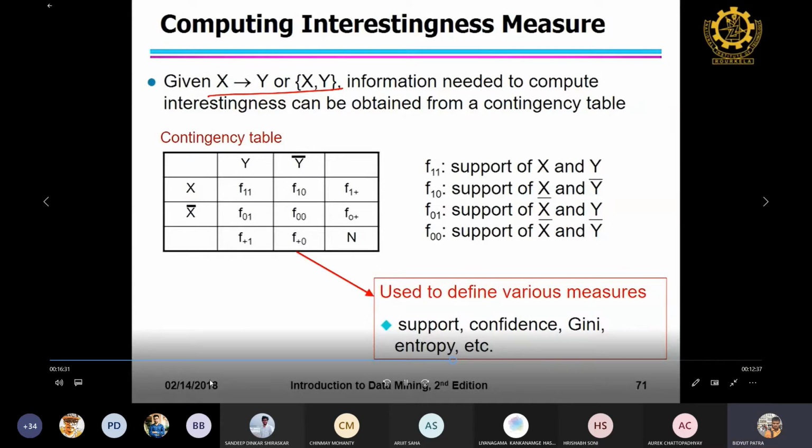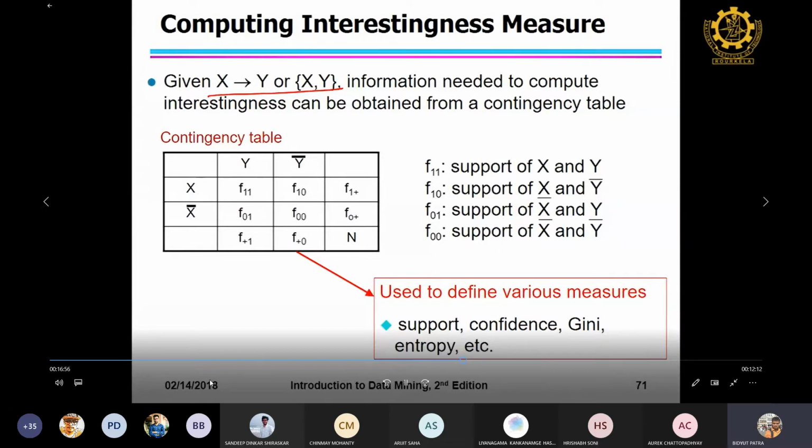We are finding the co-occurrence of x and y: whenever x occurs, y very likely will occur. So we need to find the interestingness of this rule, how much this rule will help, let's say in marketing or any other purpose. Therefore we have to find the contingency table.